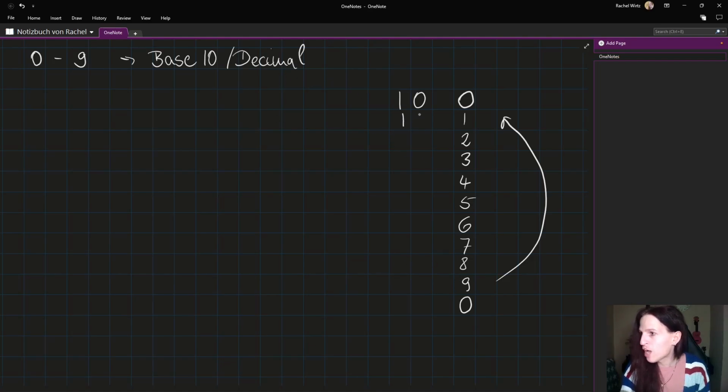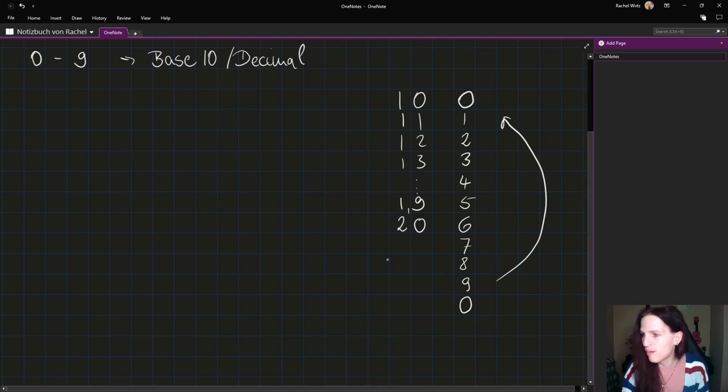And we can count again in the sequence, 12, 13, and so on. Then we hit 19, and again on the right-hand side we run out of digits. We wrap around again, we carry the 1, but in our second sequence we are still able to increase with the digits that we have, because 1 and 1 is 2, and for 2 we have a digit.